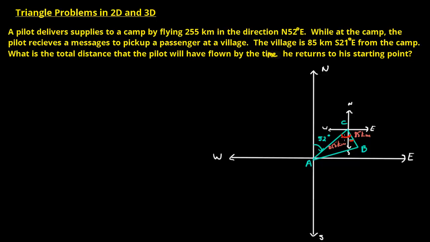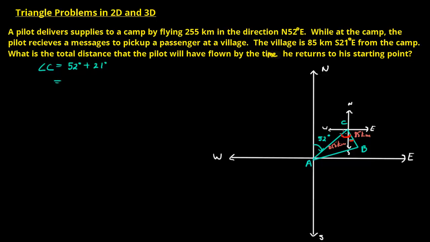This angle between this white line and this line is 52 degrees, because these are alternate angles. So we have that angle C is equal to 52 degrees plus 21 degrees.